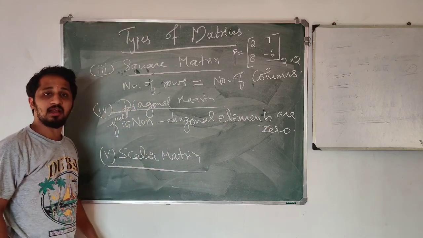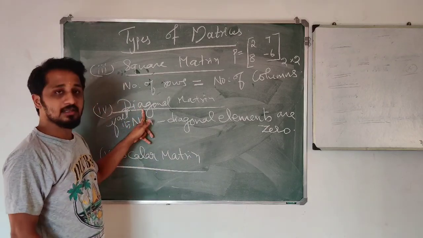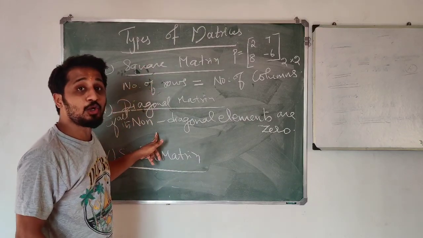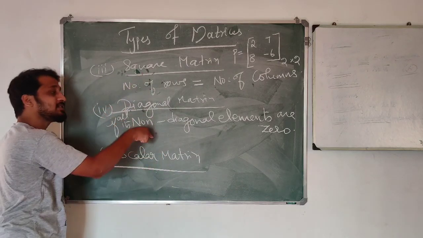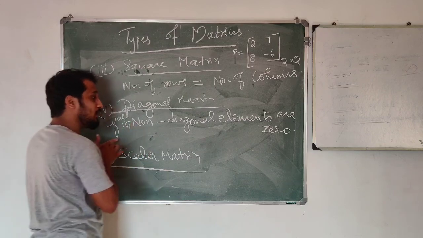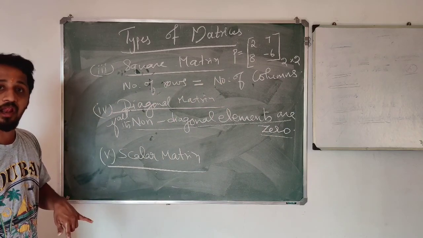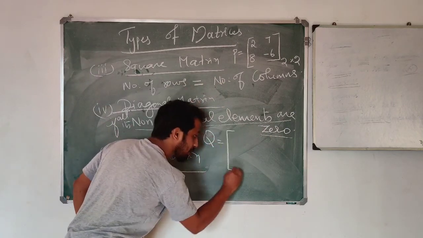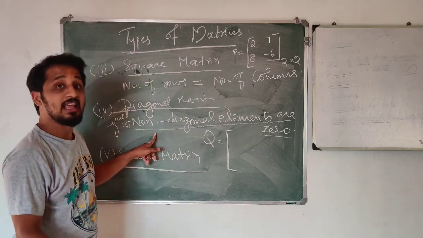Now, diagonal matrix. Very important, diagonal and scalar matrix. A square matrix is said to be a diagonal matrix if all its non-diagonal elements are 0. In the sense, capital Q is equal to, compulsorily I have to take number of rows and number of columns the same, because it is a square matrix.